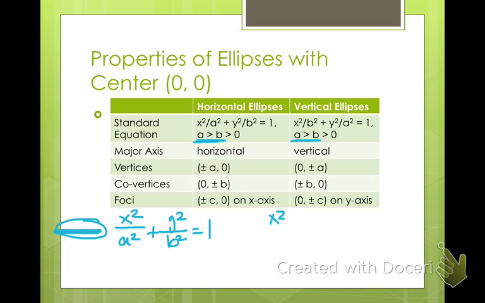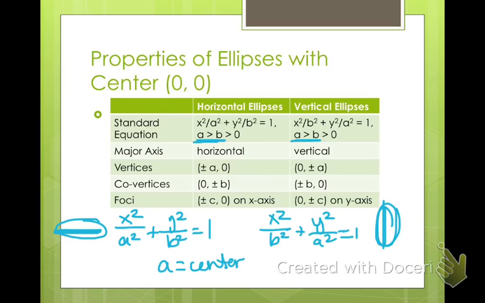Whereas if we have x squared over b squared plus y squared over a squared equals 1, this is going to be a vertical ellipse because there are more y values because your a is bigger. Okay, a represents your distance from center to vertex. So from the center to the two vertices is your distance a.